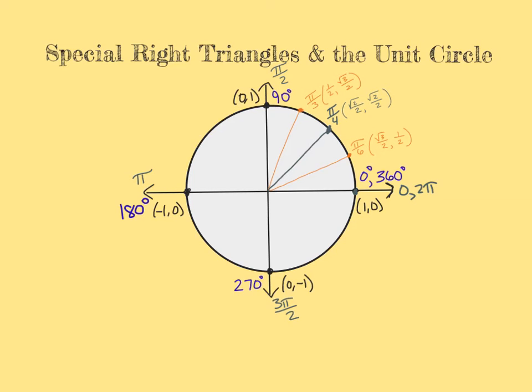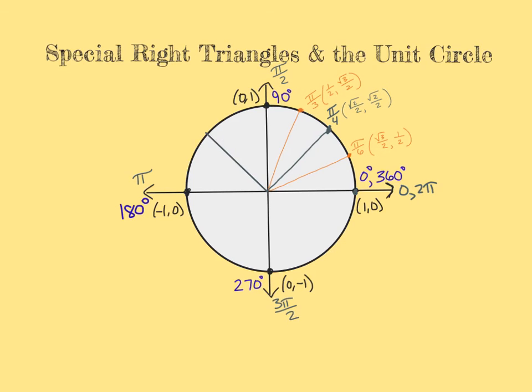So if we flip from pi over 4, that's probably the easiest one to see. It's the halfway. If we go here, halfway between pi over 2 and pi, between 90 and 180 degrees, we're at 135 degrees. And if we think about 135 degrees, we could figure out how many radians it is.